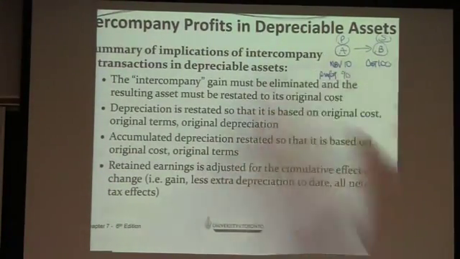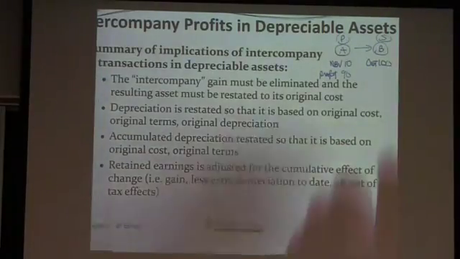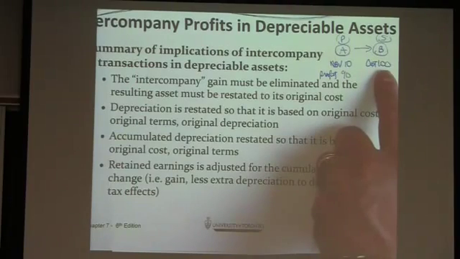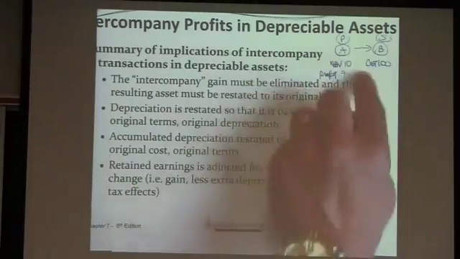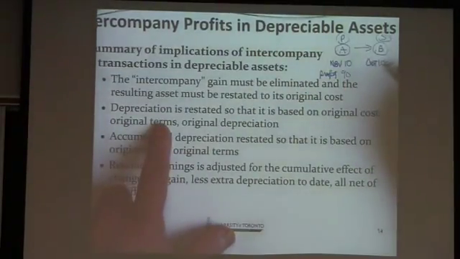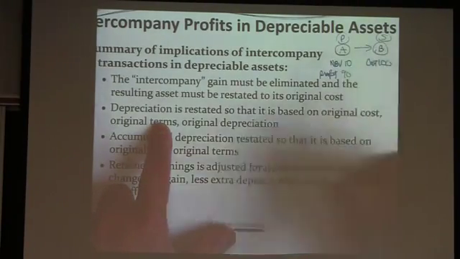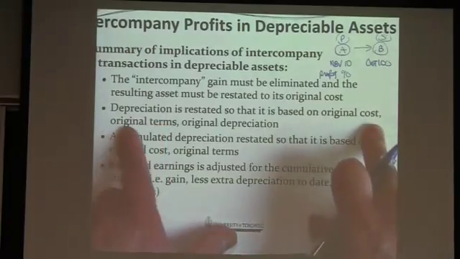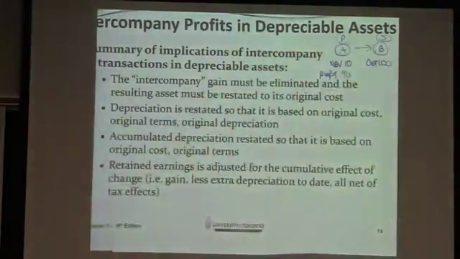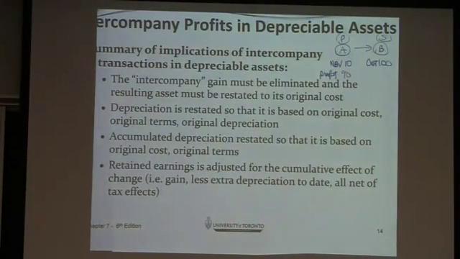Now, what happens is the purchaser, the buyer, is going to amortize that equipment at the new cost of 100. But the fact that you're eliminating that 90 means that we're also going to restate the depreciation based on the original cost, original term, original depreciation. So let's say the depreciation of this asset is $1 a year.